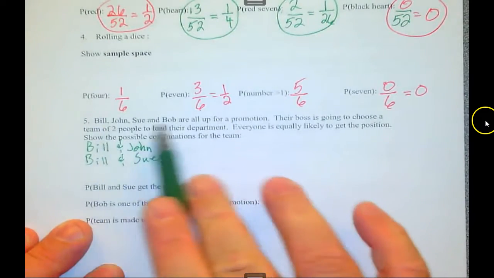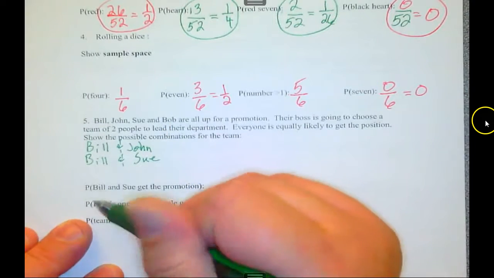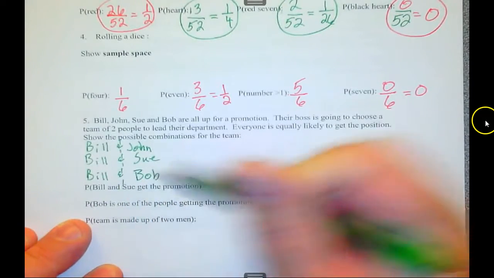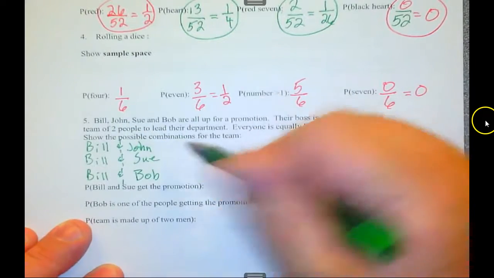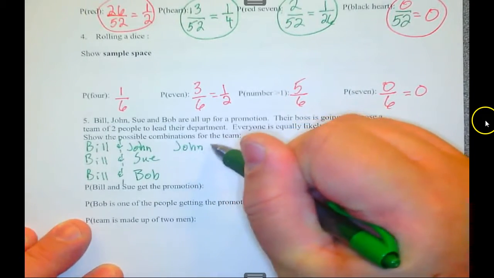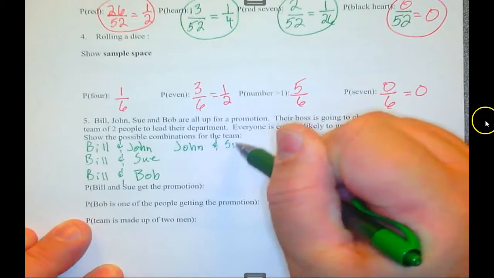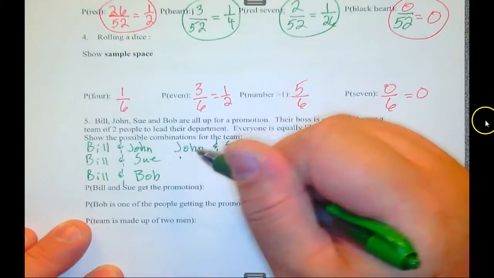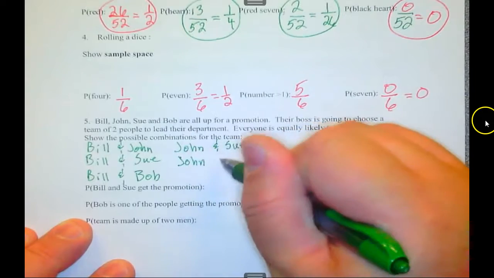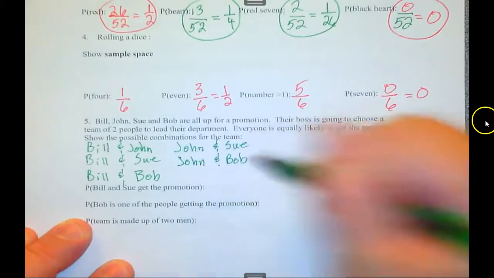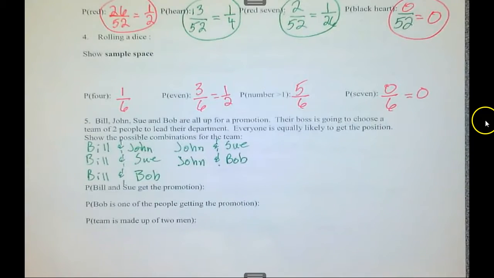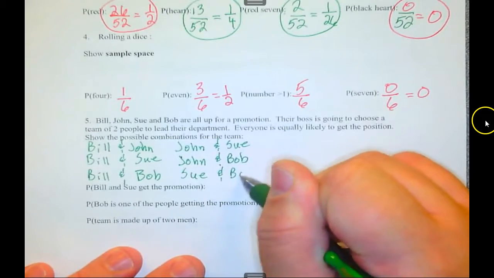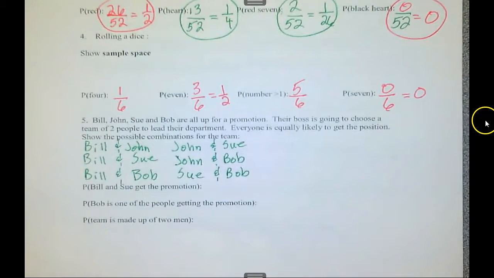We have Bill and Bob. Then we have John Sue. Then we have John Bob. Good night, John Bob. Good night, Bill Sue. And we're missing one, aren't we? Sue Bob.